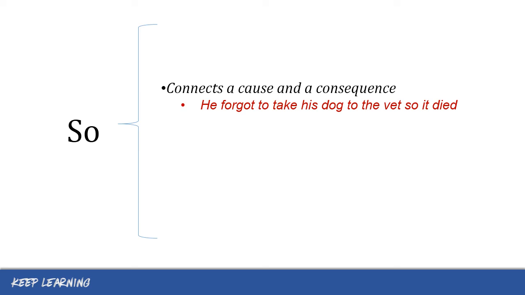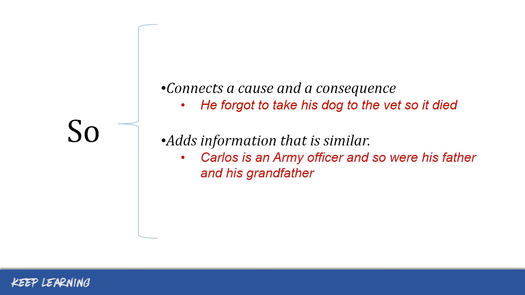Now it can also be used for different things. For example, adding information that is similar. Like here, Carlos is an army officer, and so were his father and his grandfather. The good translation for that is y así, or y así también.